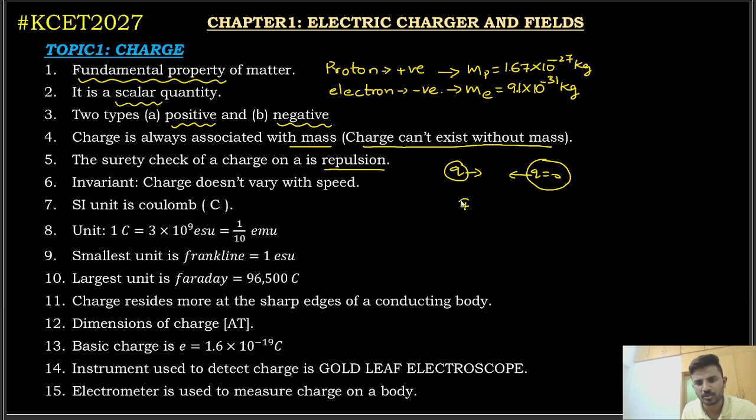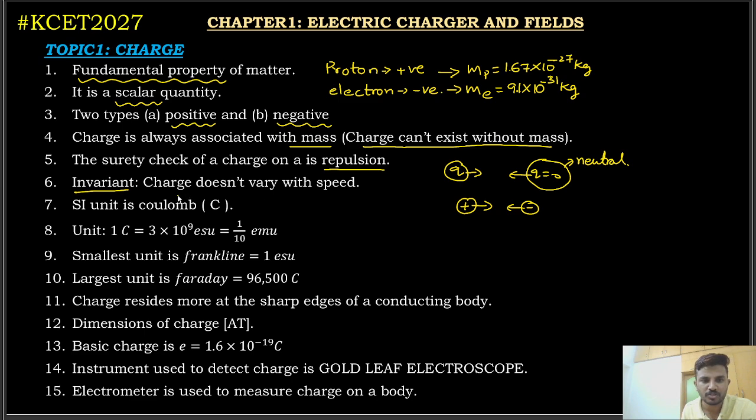Not only that, a charged body attracts an oppositely charged body. In both cases we have attraction, but repulsion occurs only if we have similar kinds of charges on the bodies. Okay, next, charge is invariant.